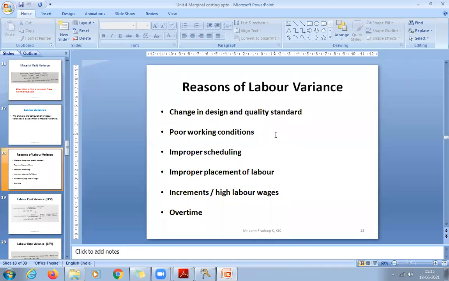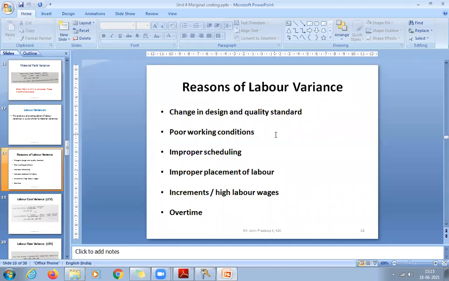And poor working conditions, that is very, very important. If the working conditions are not good, the labor cannot give proper output, so the performance will not be up to the standard. And improper scheduling, they have not done proper scheduling of the job, or the employees are getting overloaded with a lot of work. So their output will be very less, or their performance will not be efficient.